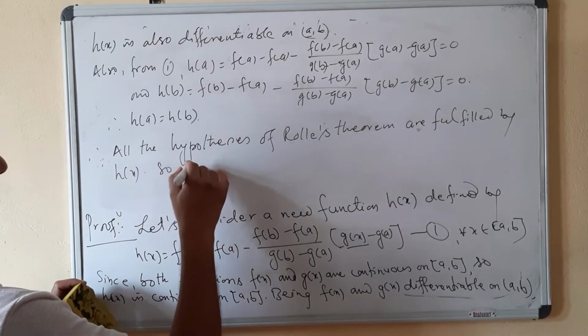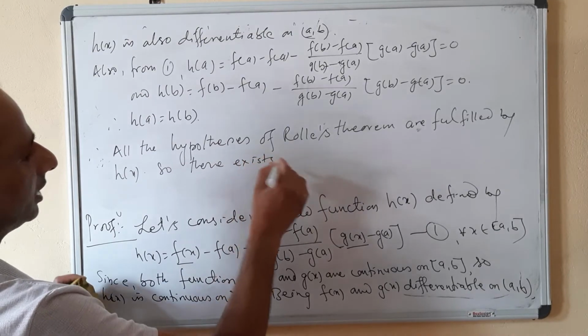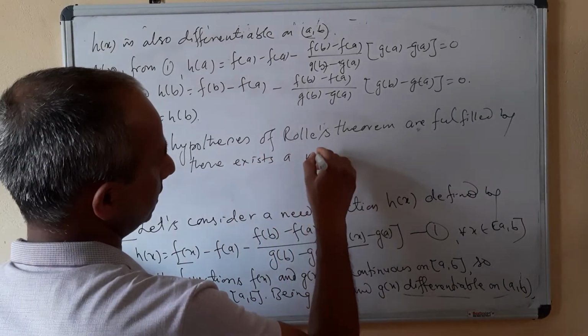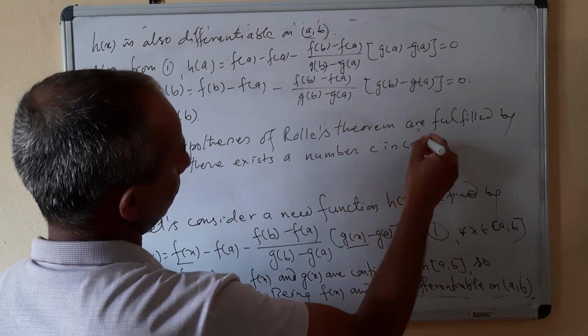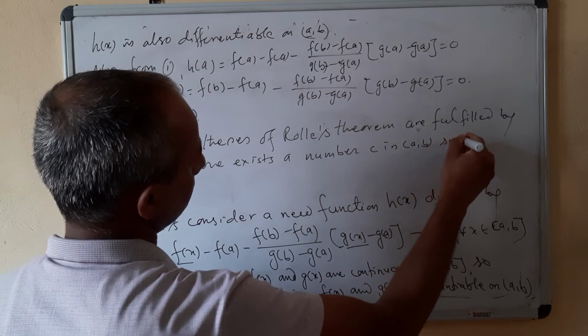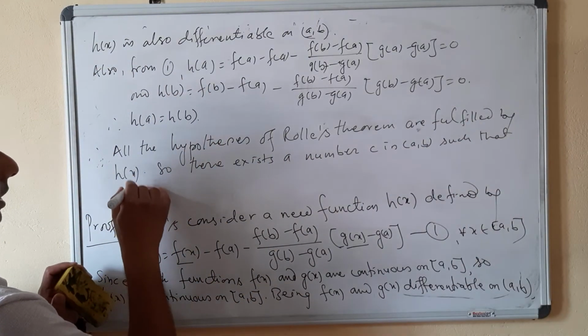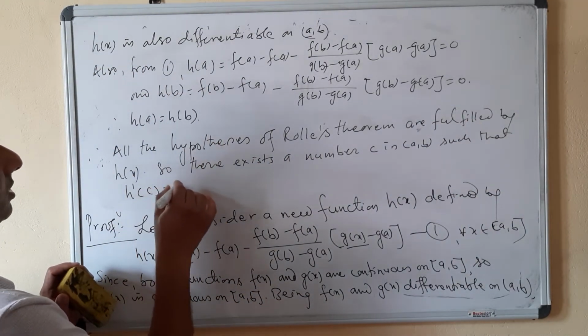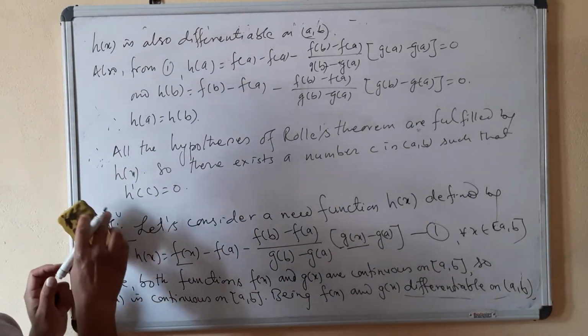So there exists at least one number, at least a number c in the open interval (a, b), such that h'(c) equals 0. Now we need to find h'(c).